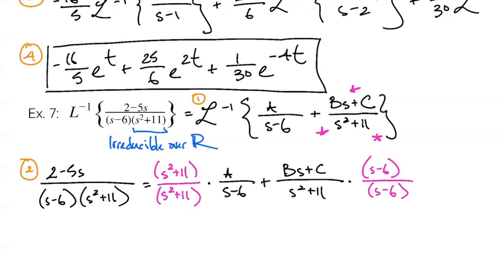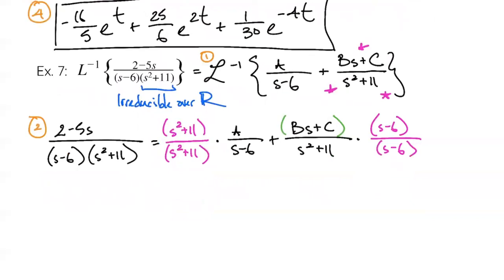Now, here's another place where I think sometimes things start to go wrong. We want to make sure we have parentheses in all the appropriate places, right? So that's why I've included parentheses around these terms, because it isn't just like s squared plus 11A. It's like the quantity s squared plus 11 times A. I would probably also need parentheses here around the Bs plus C. But now that I've multiplied all of my denominators, goodbye, I can get rid of them.